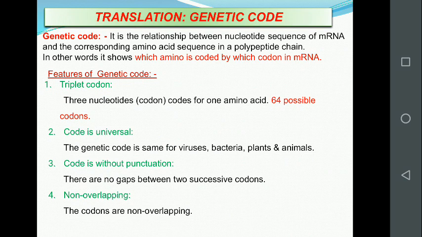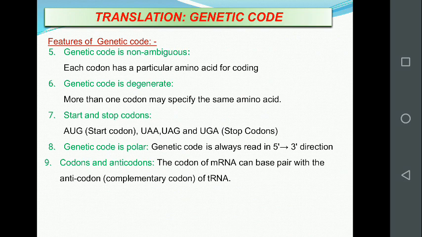Next, the code is universal: the genetic code is the same for viruses, bacteria, plants, and animals. The code is without punctuation, so no gaps will be left between two successive codons, and non-overlapping, so the codons are read in a non-overlapping manner. And the fifth one is that the genetic code is non-ambiguous.